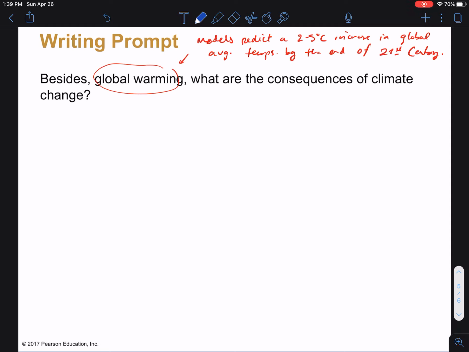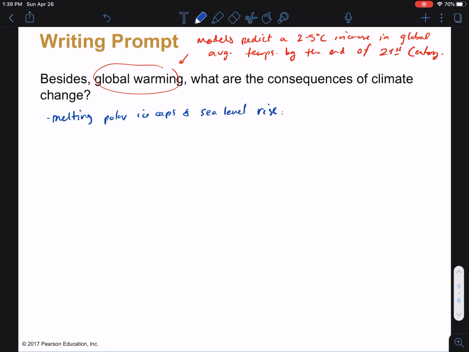All right, so a couple that your book talks about, which I'll point out first, are the melting polar ice caps and sea level rise.